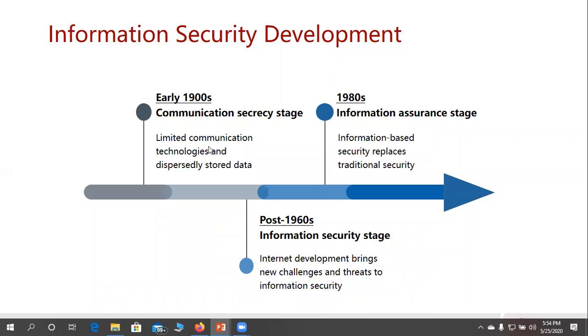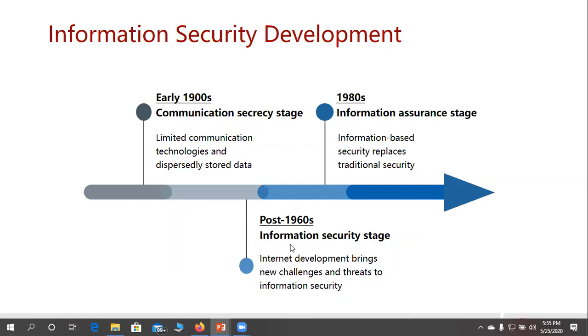So what they used to do here was to implement physical security, that is, to the systems, access was being denied. As long as that was done, then information was secure.